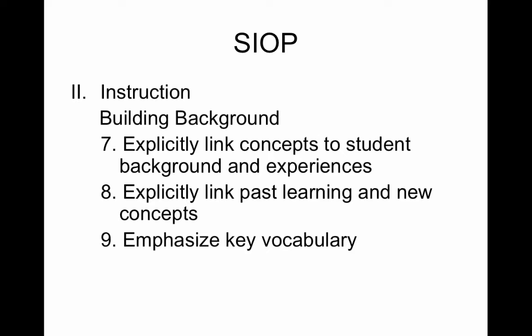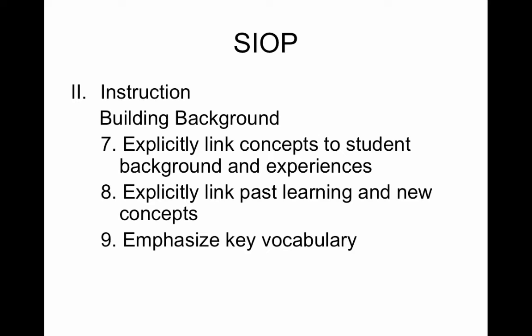Another, number 8, is to explicitly link their past learning with the new concepts. Most of our students, particularly in special ed, do not automatically make the connection between previous learning and the current lesson we're doing. So we need to help them with that.